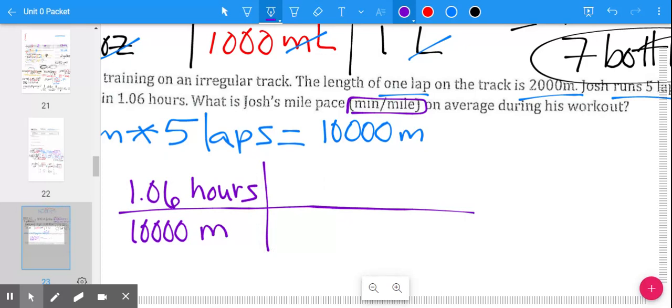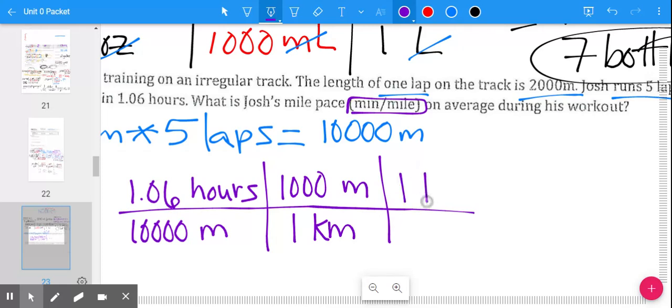So based on our metric ladder, we know that there are 1,000 meters in 1 kilometer. And based on our conversions at the front, we know that 1 kilometer is 0.62 miles.